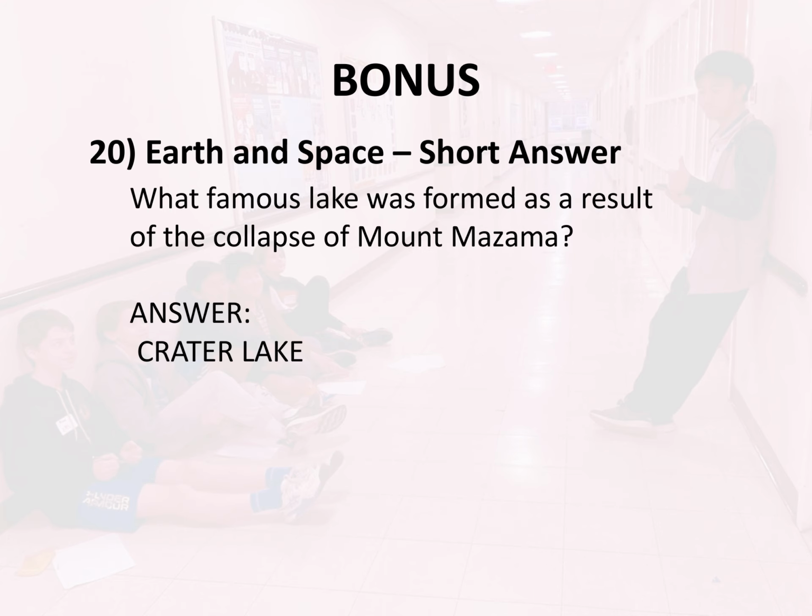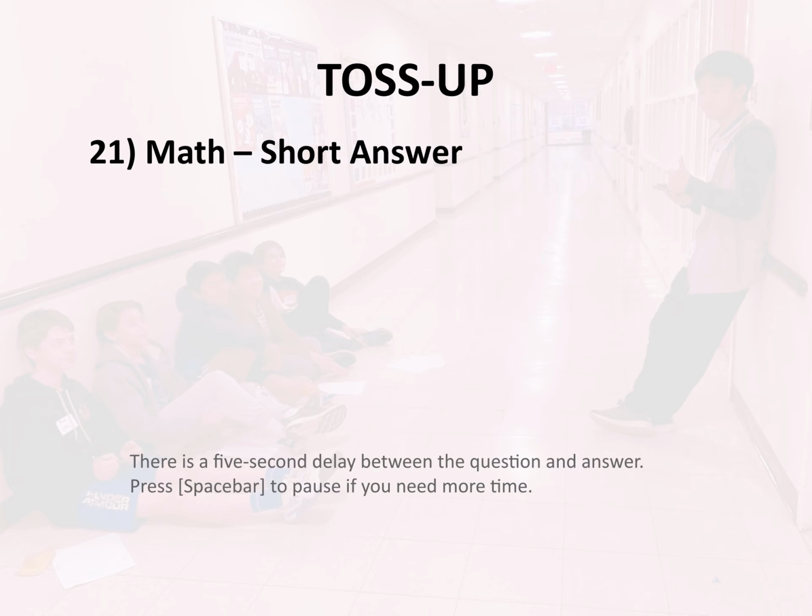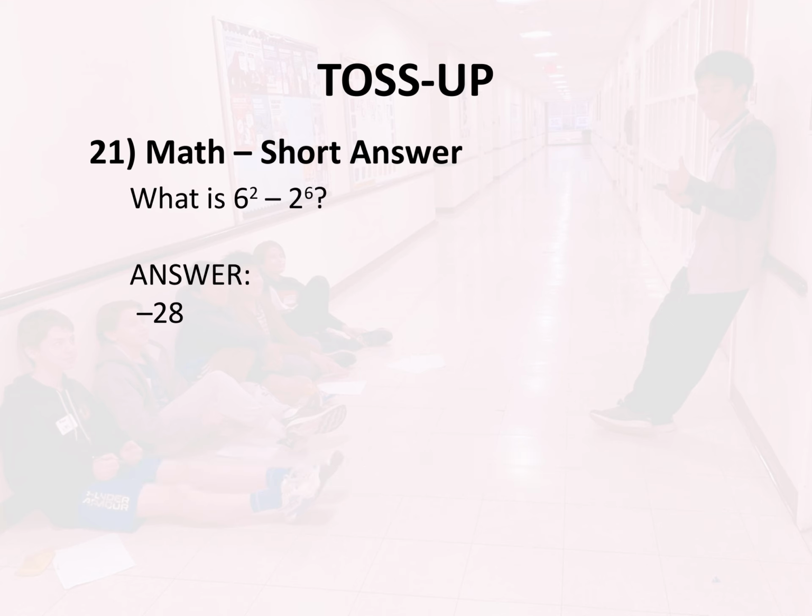Answer: Crater Lake. Toss-up 21. Math, short answer. What is 6 squared minus 2 to the power of 6? Answer: negative 28.